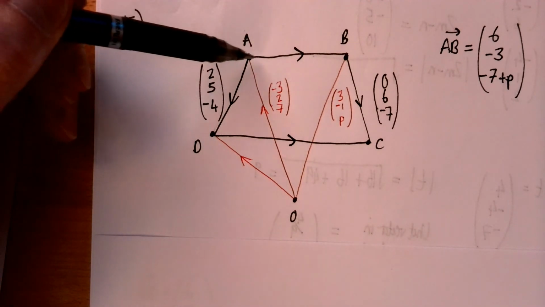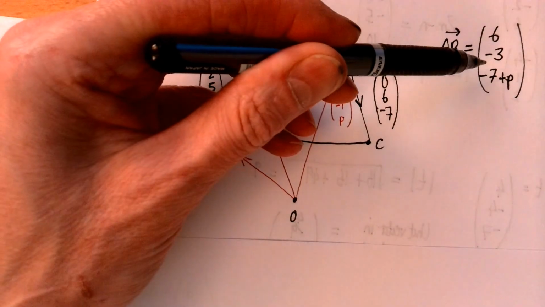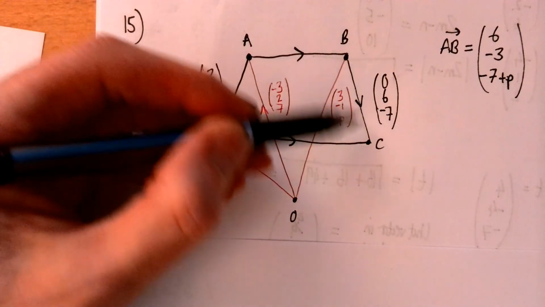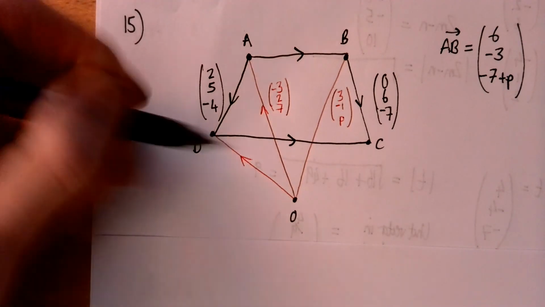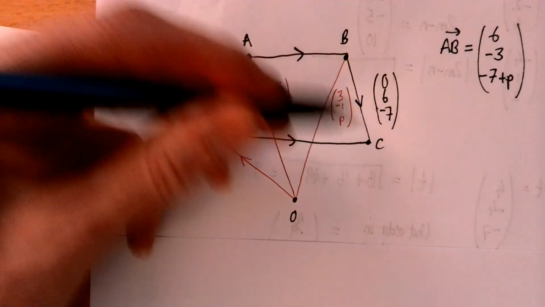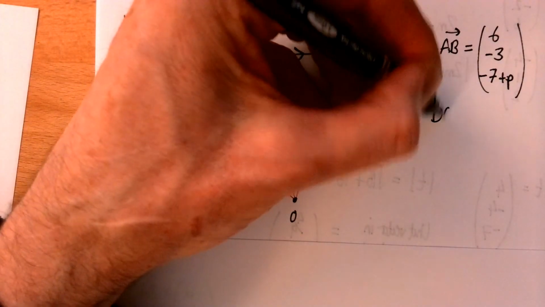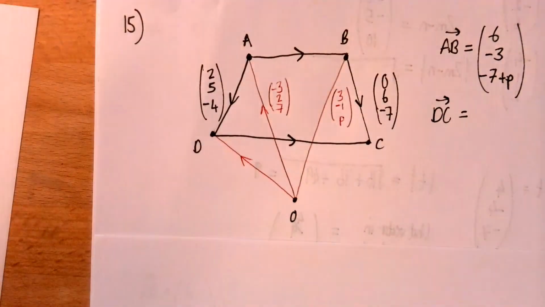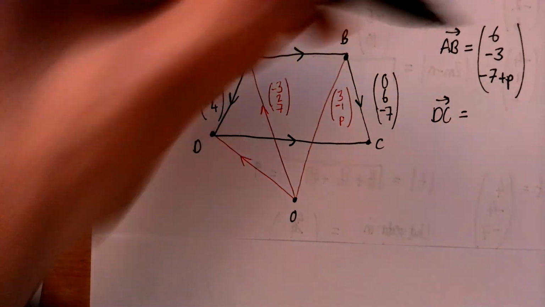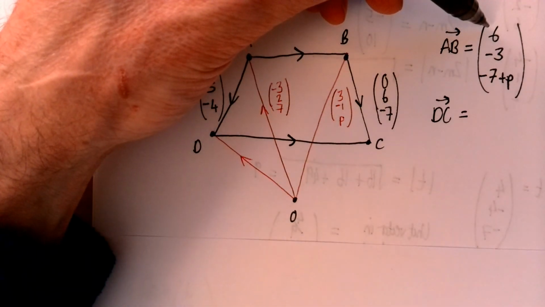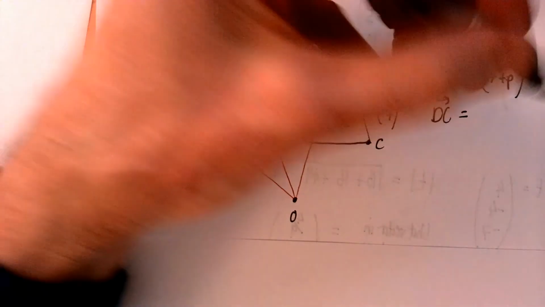I'm then going to go along AB, so it's plus that vector, and then along BC, so it's plus that vector. So to get from D to C, I'm going to go this way round. So D to C, that journey is minus 2, then along this vector, so plus 6 plus nothing.